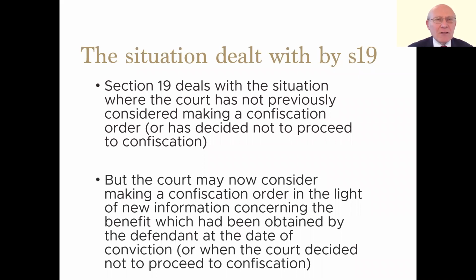But the court may now consider making a confiscation order in the light of new information concerning the benefit which had been obtained by the defendant at the date of conviction, or if later, when the court actually decided not to proceed to confiscation. Now, of course, if we're in this situation, no confiscation order has yet been made. So that's how it differs from the situation in section 21, where a confiscation order was made, but we're now remaking it.